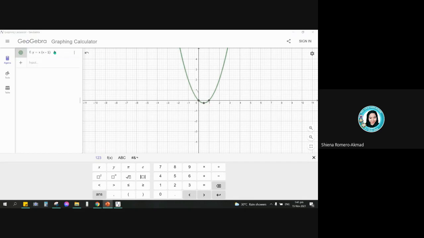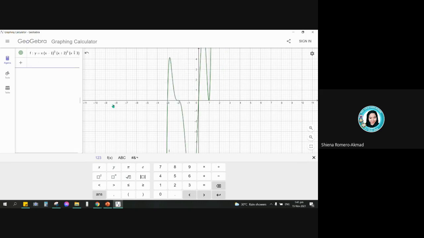Hindi ko kasi makita eh. 2, x plus 3. Ito pala. Tapos, ang exponent ay 3. X plus 3. Ayan.